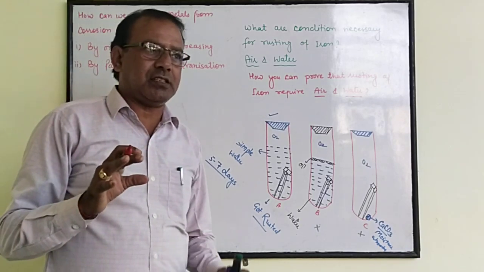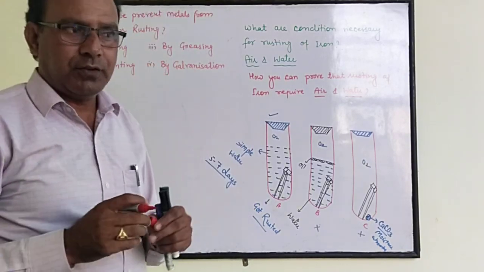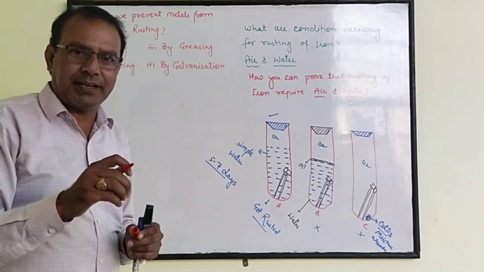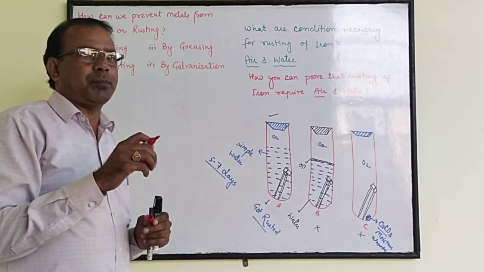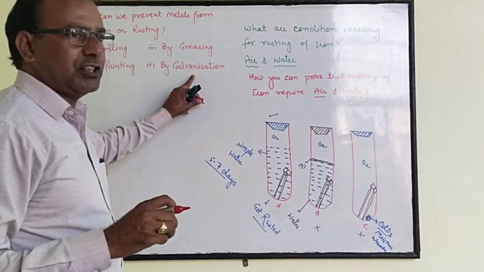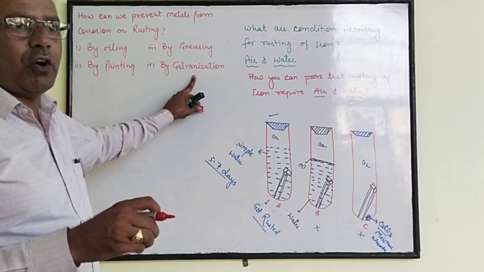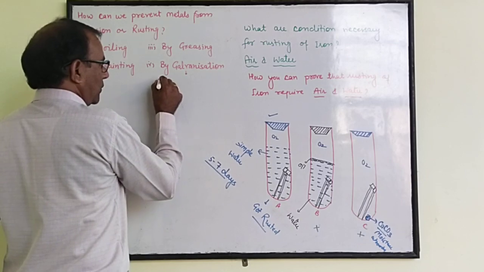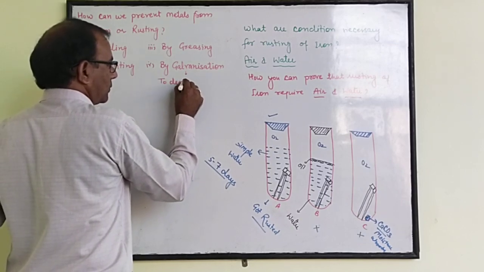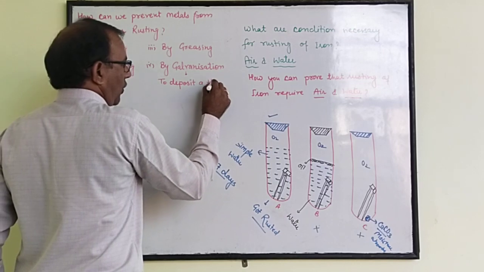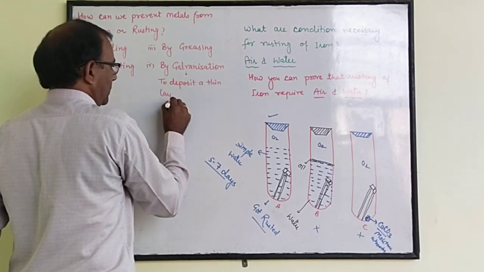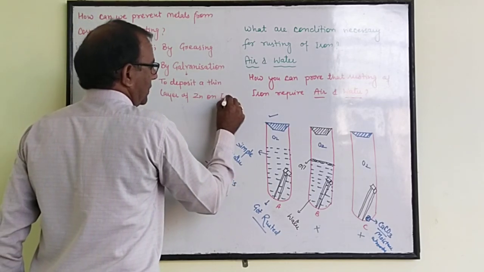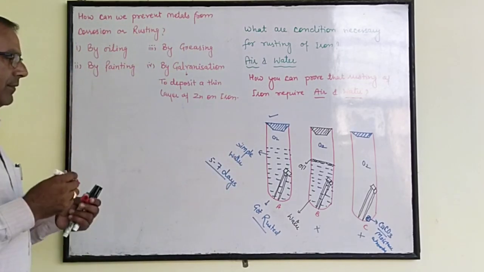Suppose when we purchase an iron bucket from the market, we have seen that this new bucket contains a white shine. This white shine is made up of zinc. So what is galvanization? A process in which a thin layer of zinc is deposited on iron, that is called galvanization.